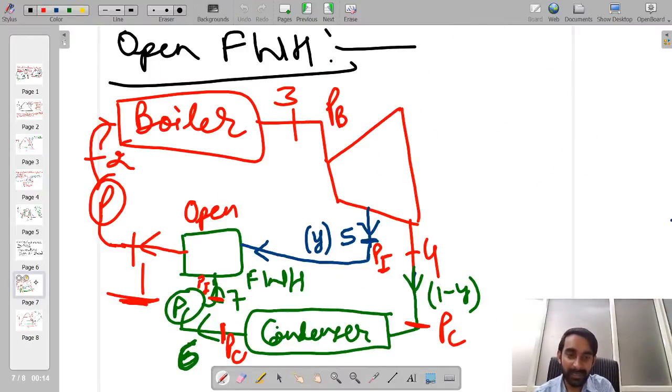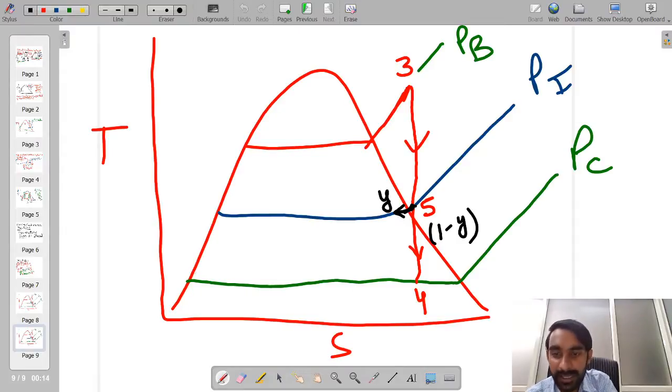Then within the condenser we have allowed this 1 minus y to condense. So over here then what will be happening? This is nothing but our point number 6 at the exit of the condenser, and this we have now pumped to say some intermediate pressure which is nothing but our Pi.